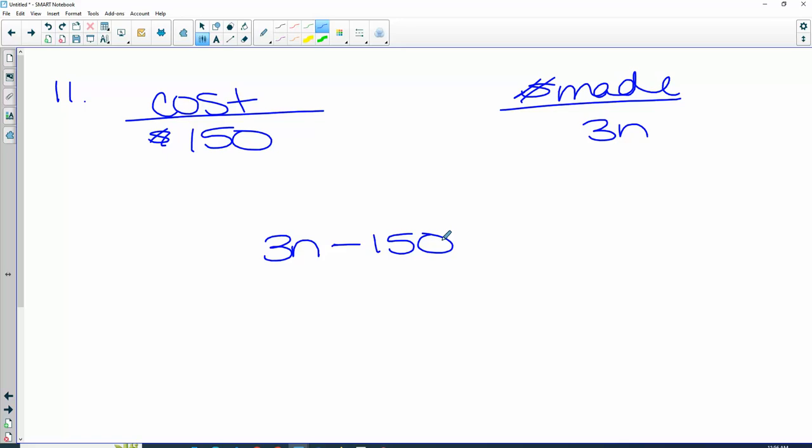If I make exactly $150, I broke even. I haven't made a profit yet. So in order to make a profit, this number has to be greater than 0, so that we are making more money than we spent. Does that make sense?